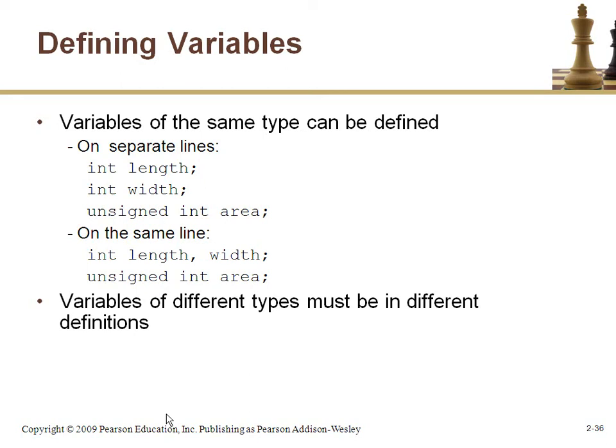That combines those two statements at the top into one statement to show that length and width are of type integer. Then you have your next line, unsigned integer for the area. Variables of different types must be in different definitions. That's why we separated the integer from the unsigned integer into separate lines.